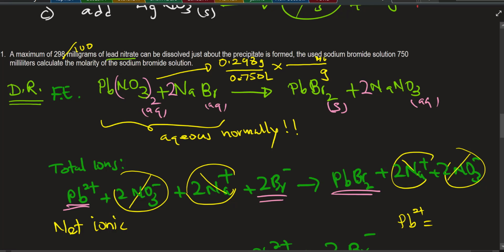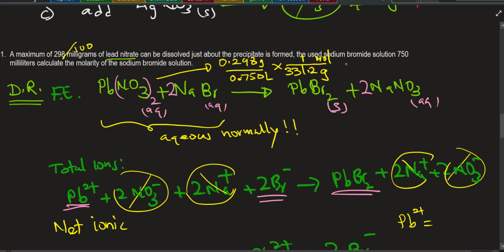Now we have grams over liter, and easily use the molar mass to cancel gram to gram, you get moles over liter. That's the molarity, that's what we need, right? These kinds of little conversions are not part of the big question, so do it separately, right?